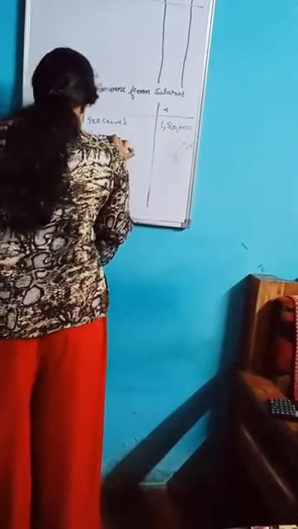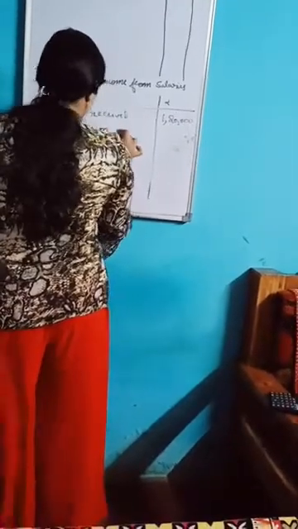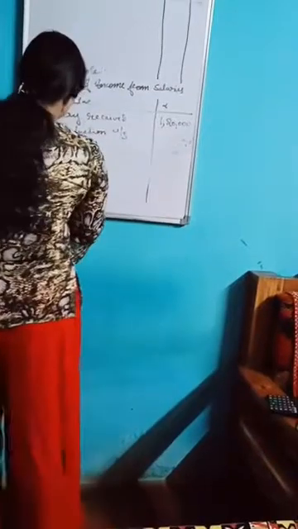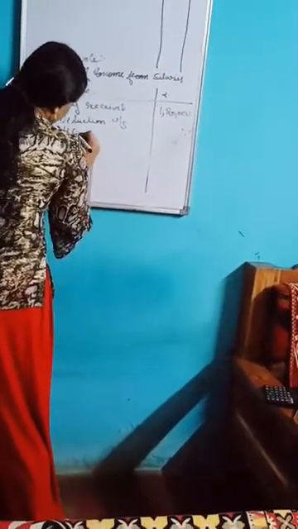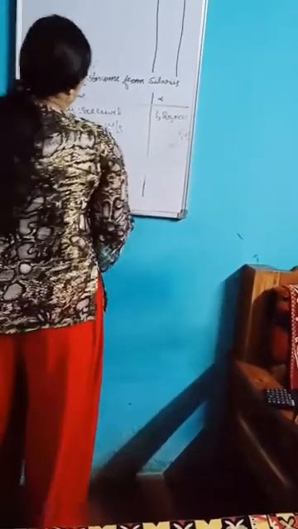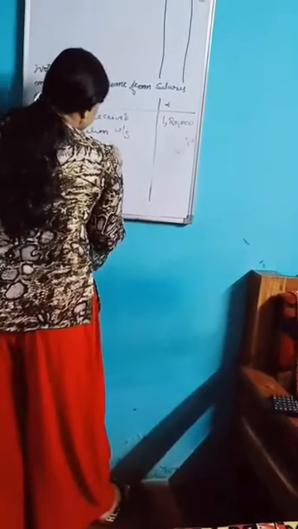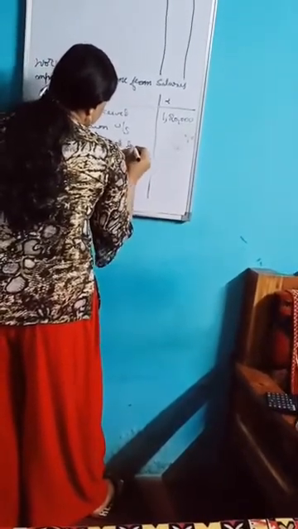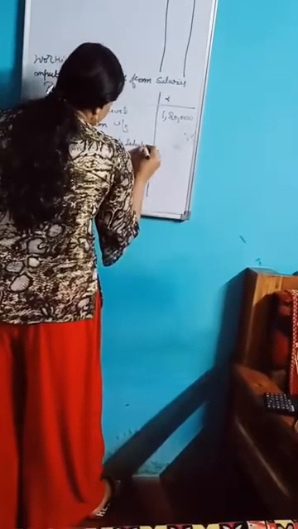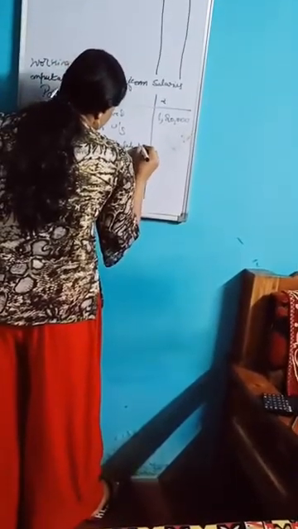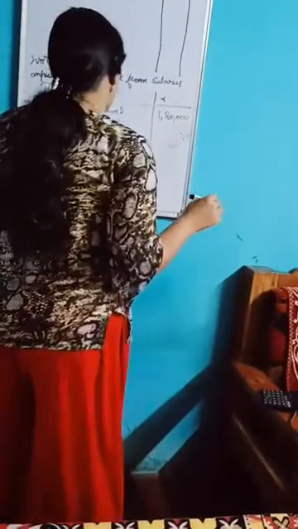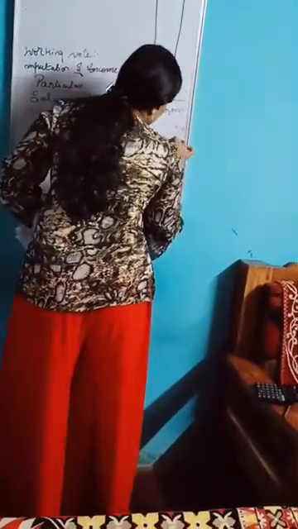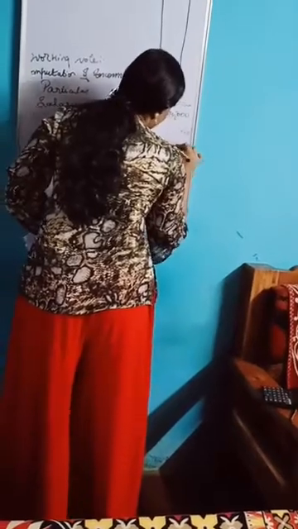Deduction under section 16 subsection 1, standard deduction. Standard deduction is 40,000. Right here 40,000.